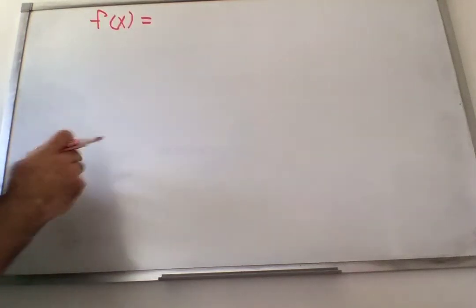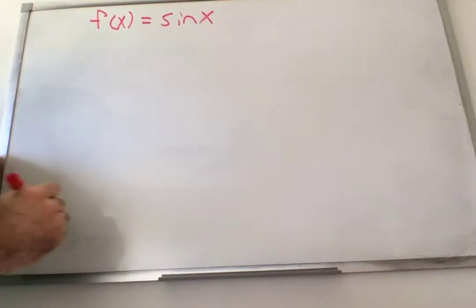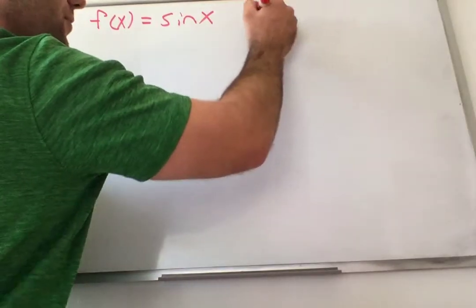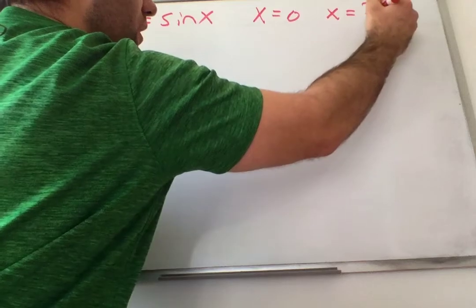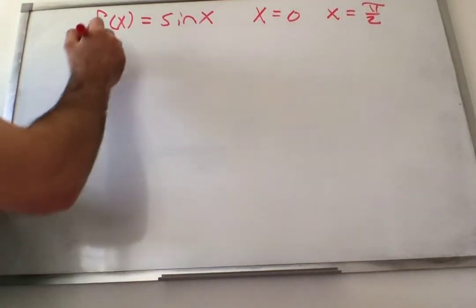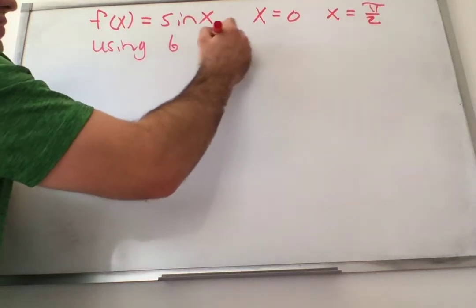Okay, so here are the examples of a Riemann sum. You want to find the area underneath the graph of sine of x from x equals 0 to x equals pi over 2 using 6 rectangles.